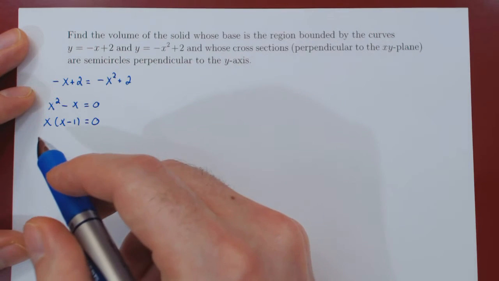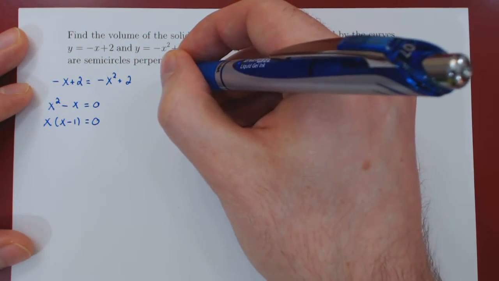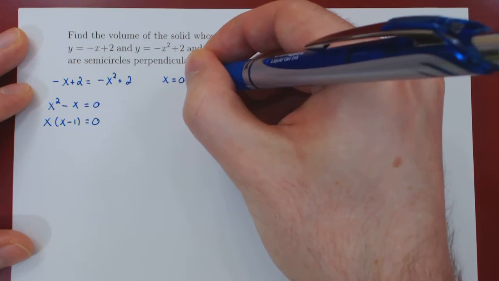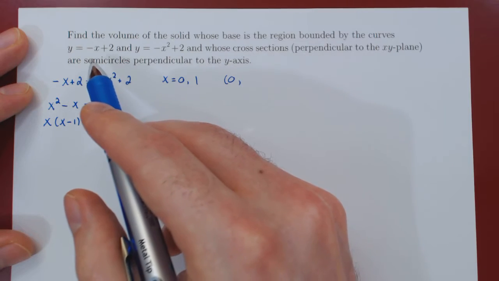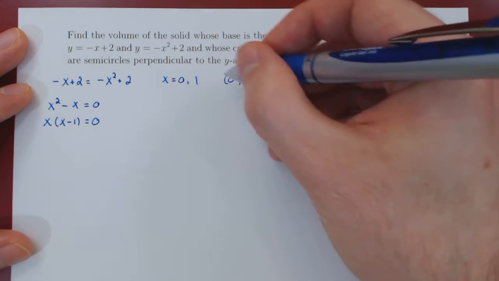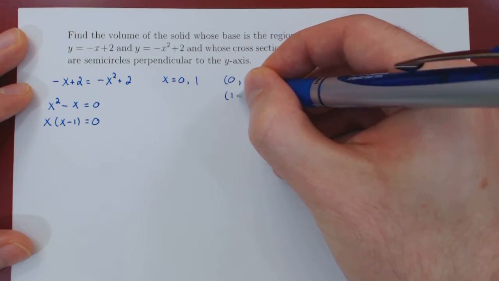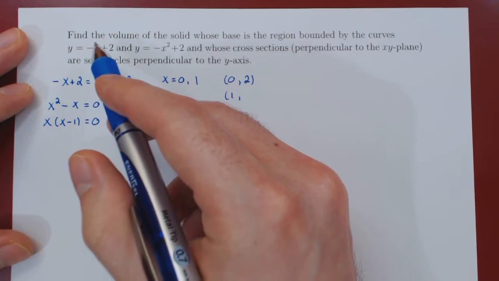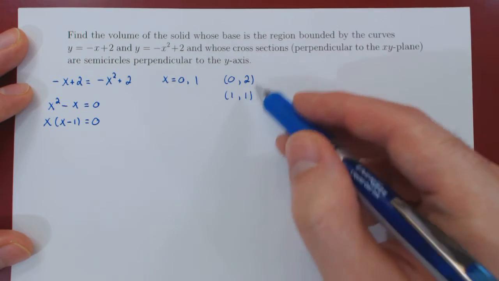And the solutions now are obviously either x is 0 or x equals 1. If x is 0, take the simpler curve: negative 0 plus 2 is 2. When x is 1, again take the simpler curve: negative 1 plus 2, positive 1. So we have our 2 points of intersection.